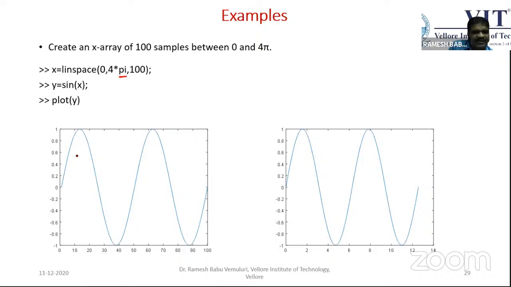So then we can plot this way. Where we have given till 100 with the x, then plot y. It will be like this. This is the linspace, and this is the plot.